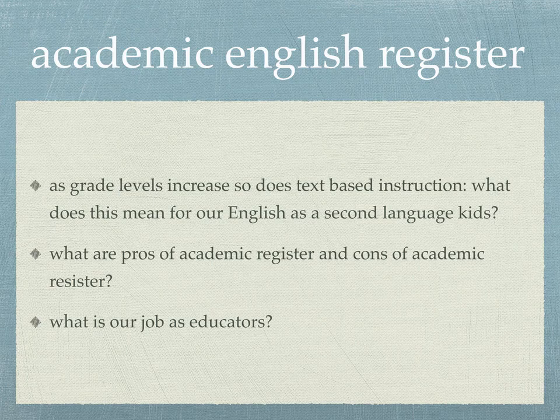As grade levels increase, so does text-based instruction. And this text-based instruction is written in this academic English register. So what that means for our English as a second language kids is that even though they are maybe able to read, it's going to be more difficult to comprehend what they are reading.